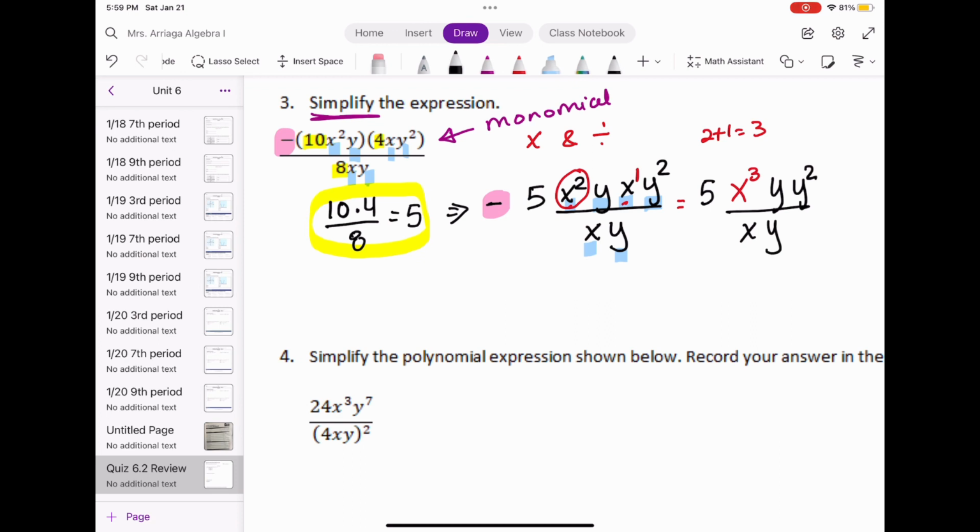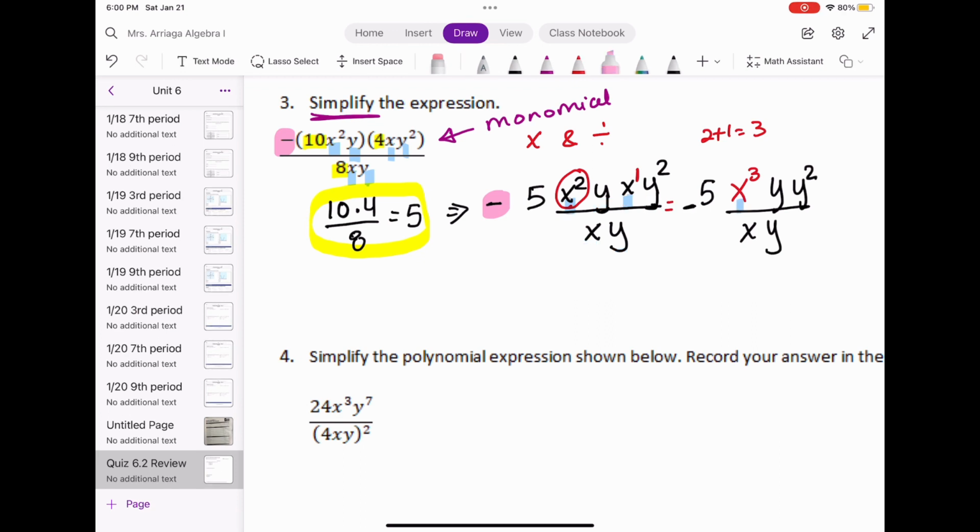From there, we continue writing all the variables that we haven't used. And let's not forget our negative sign. So we have our negative, our 5, our y squared, denominator x, and denominator y. Let's continue simplifying. Now let's say that we want to multiply our numerator y's, our top y's.